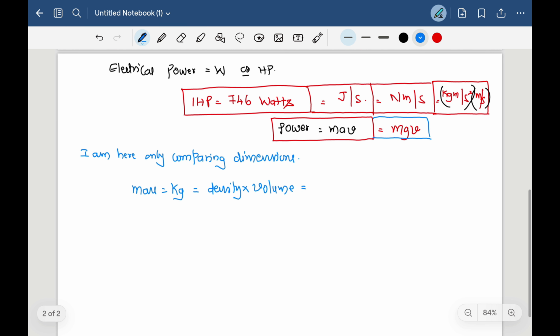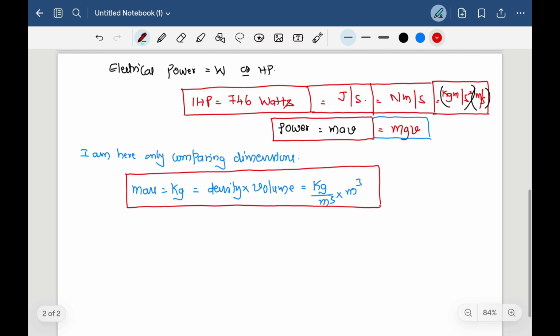Because density is kg per cubic meter into cubic meter, that is equal to kg. Please see how beautifully we are deriving our required equations. We are not going into the complexities of the equations. Simple method. Then can we put this way? Rho into V. Here V is volume.